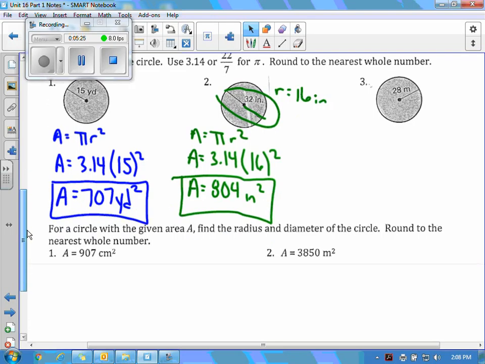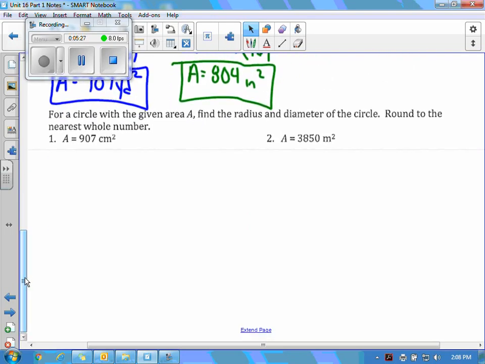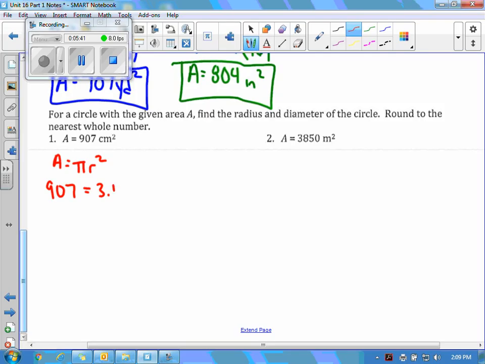And then coming on the bottom, again, this is what might be new. They give you the area, they ask you for the radius and the diameter. So again, we only have one formula, A equals pi r squared, so we have to use that formula. Let's plug in what we know. The area is 907, pi is 3.14. We don't know what the radius is, so we have r squared there. To solve this, I'm going to divide by 3.14.